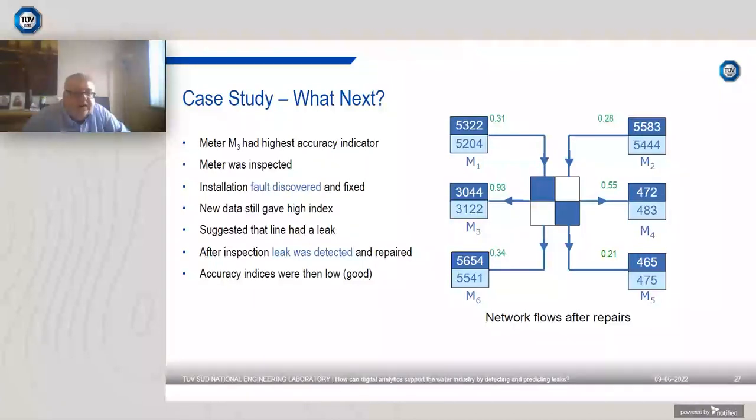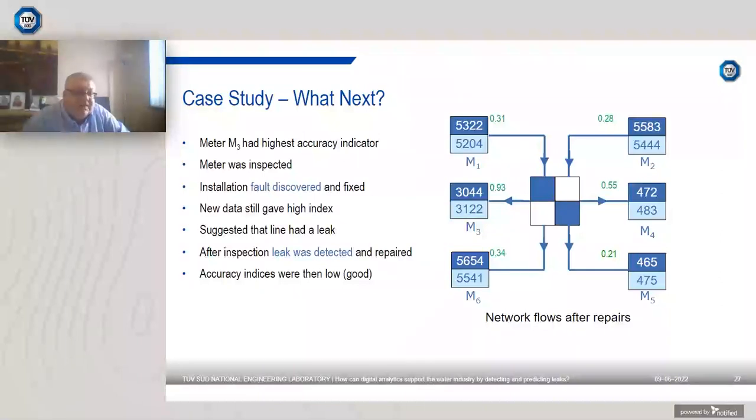In the case shown here, meter M3 was found to have the highest quality index value. This meter was inspected and was found to have a fault. This fault was then fixed, and the data validation and reconciliation process was run again, with the results shown on the right-hand side. Once again, M3 still has the highest value of the quality index.